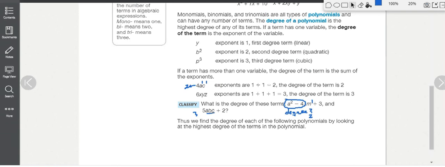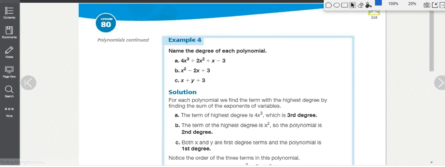The degree of a polynomial is the highest degree of the terms in the polynomial. Looking at those variables, in letter A the degree is 3, because that's the highest exponent. In B, it's 2. And in C, it's just 1, because both variables only have 1, they're tied, so 1.